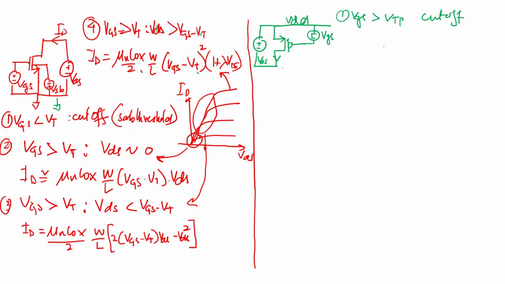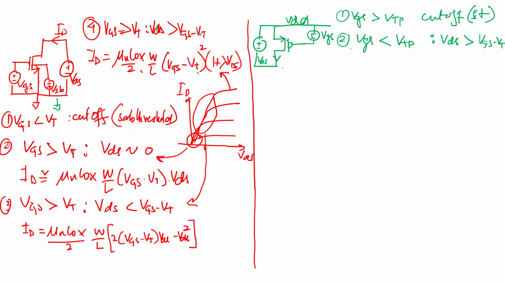Then the second condition is, obviously this is cut off for subthreshold, and it is turned on if VGS is less than VTP, and VDS is greater than VDSAT, VGS minus VT. Because these are all negative numbers right now, if you preserve the negative numbers, then all the greater than and less than signs just flip. Okay. So we can take an example.